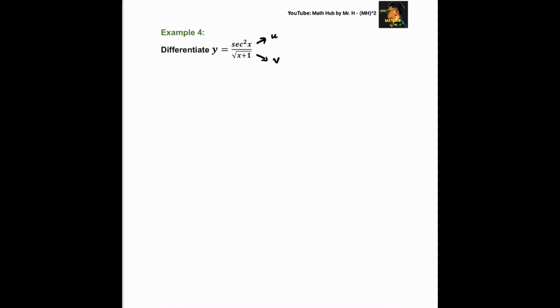All right. And if you want to go for quotient rule, definitely the rule that you need to follow is we take v times the derivative of u minus u times the derivative of v divided by v squared.